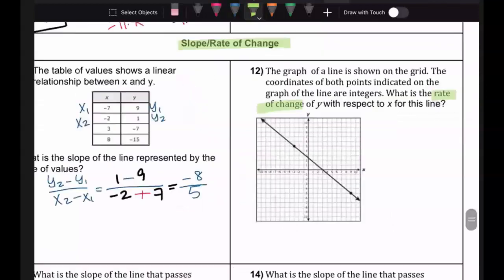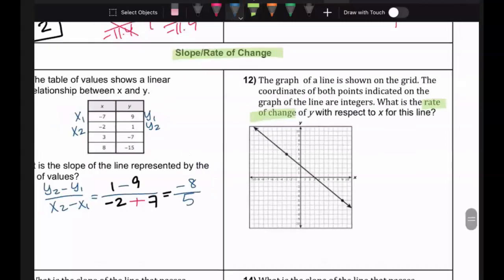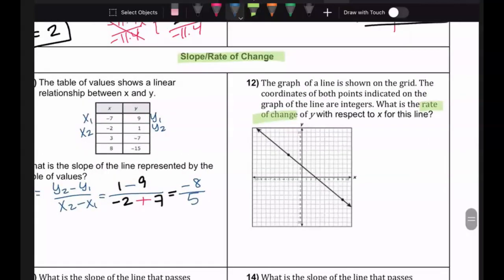Now you can still use your slope formula, or you can do rise over run. Now for these type of graphs, where there's a lot of dots and it's easy to miscount because the squares are so tiny, you might want to use the slope formula. Or you can still do rise over run. So zoom in on your screen. I'm going to try to zoom in. So my triangle will go from here to here.